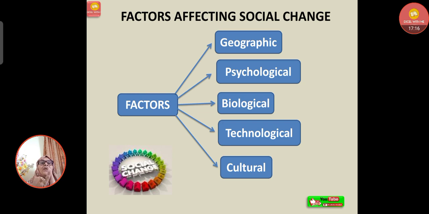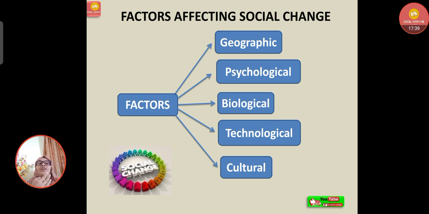Number one, development of new methods and processes of agriculture, we can see. Use of machines in industries and at home, nowadays they have increased. Development of means of transport, how we have come from walking, bullock carts, horses, and then slowly cars, buses, ships, aeroplanes, we have moved to the jet planes also.